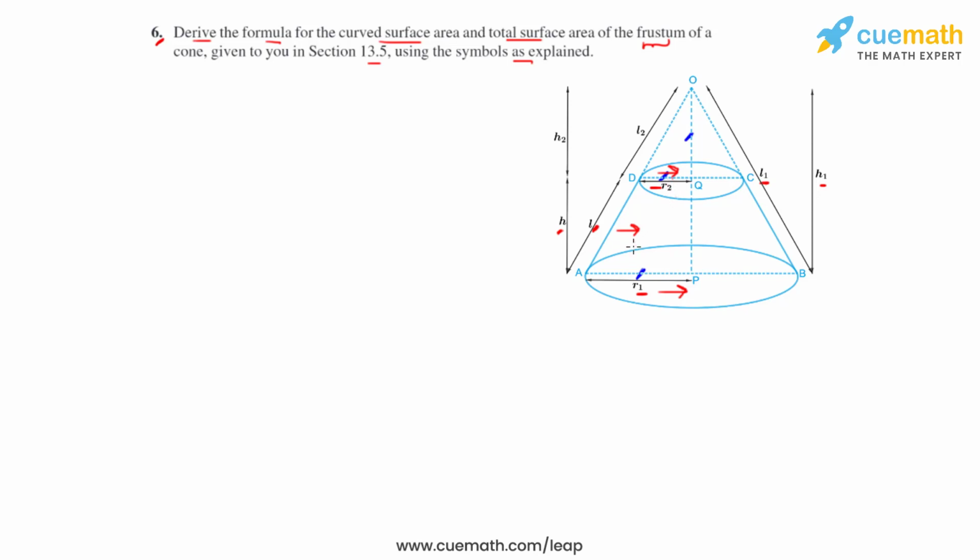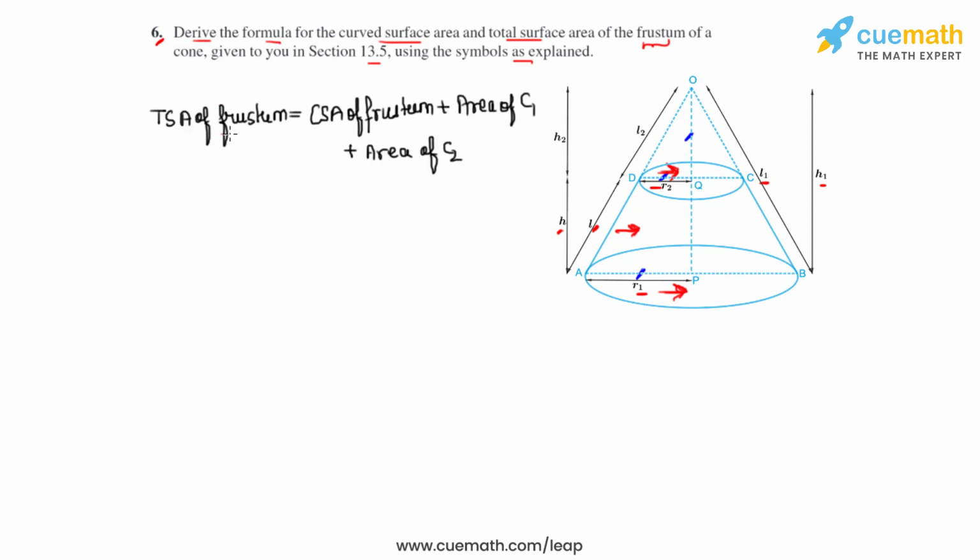So I'll repeat: we find the curved surface area of the frustum part and add it to the area of the circle at the bottom and the area of the circle at the top, that is C1 and C2. We've already found the curved surface area of the frustum, so we can directly write that the total surface area will be equal to the curved surface area of the frustum plus the area of C1, circle 1, plus the area of C2, circle 2.